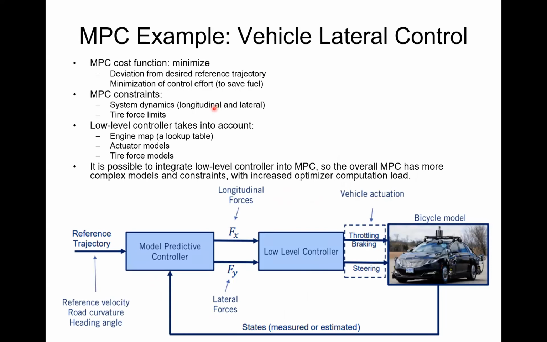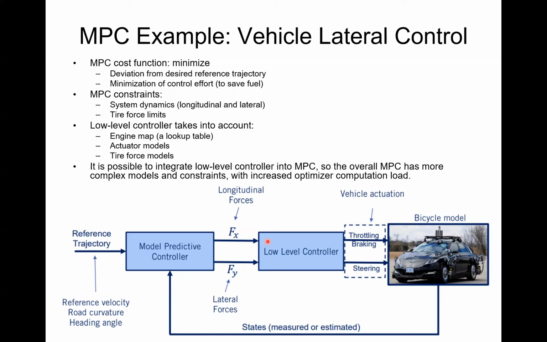And the constraints are system dynamics, longitudinal and lateral, and tire force constraints. The MPC controller is the high-level controller that issues the longitudinal force and lateral force outputs, which are then fed into the low-level controller as input.